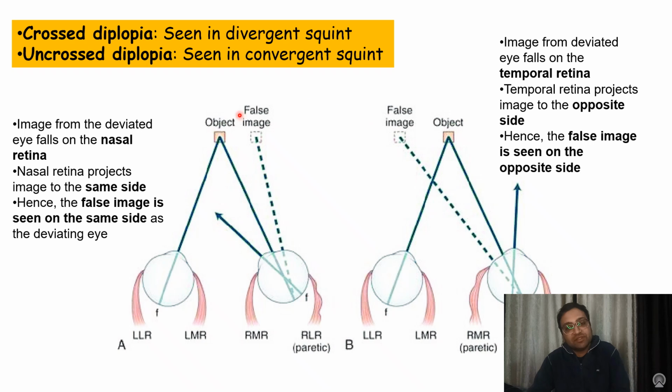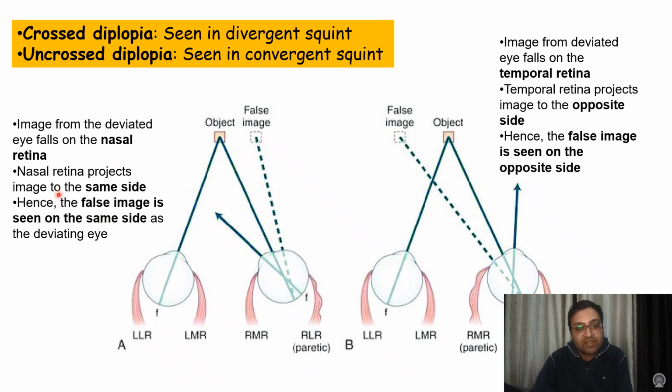Now, this is the last slide of this presentation, and in this, I want to show what crossed and uncrossed diplopia look like. A crossed diplopia is seen in divergent squint, and an uncrossed diplopia is seen in a convergent squint. In convergent squint, the image from the deviated eye falls on the nasal retina as the fovea moves temporally.